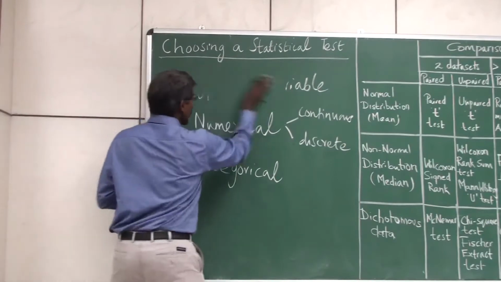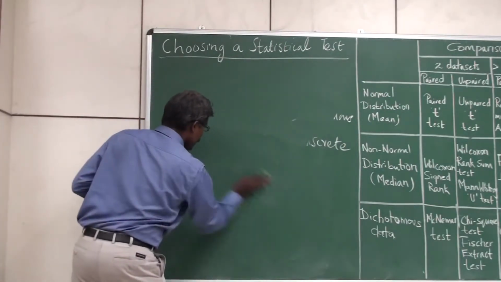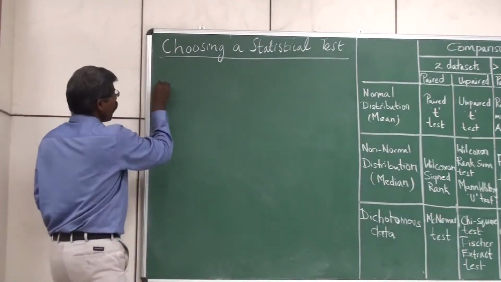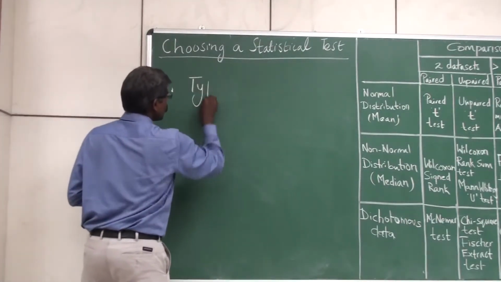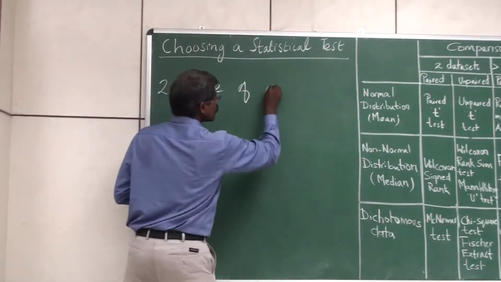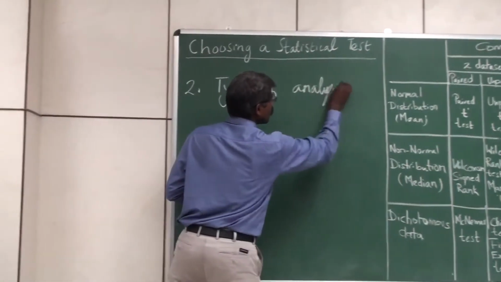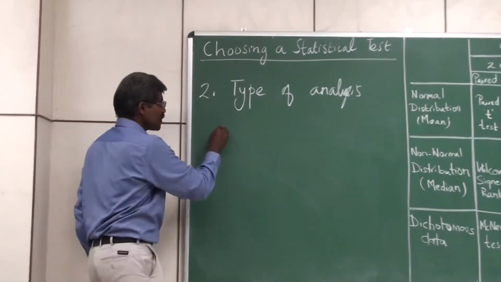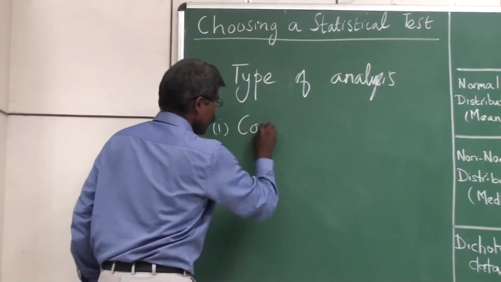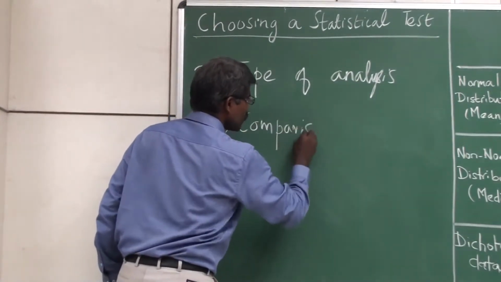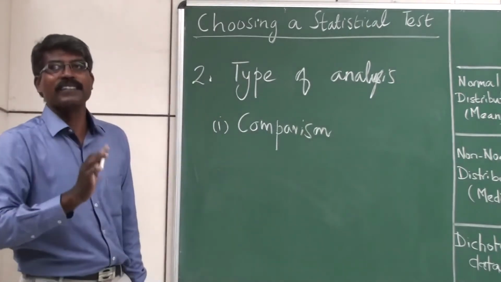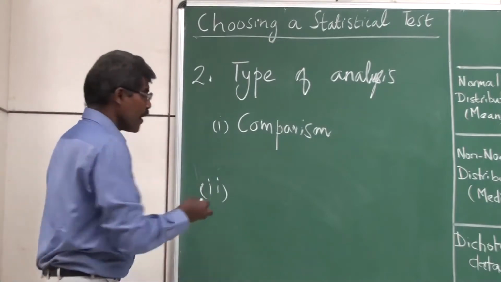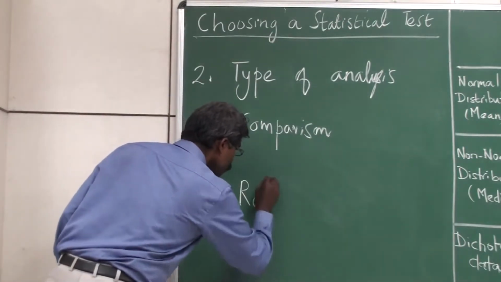Now let's look into the second factor. The second factor which we need to know is, what is the type of analysis we want to do? Again, it can be of 3 types. The first subdivision is, we can compare 2 or more groups. So it's a comparison. The second subtype is, we want to find out the relation between 2 variables.